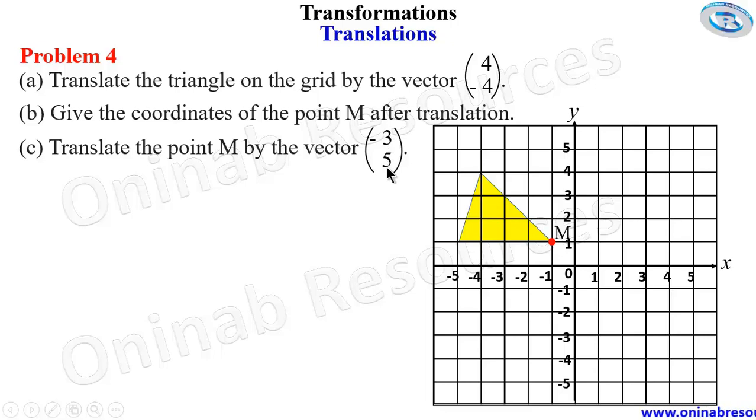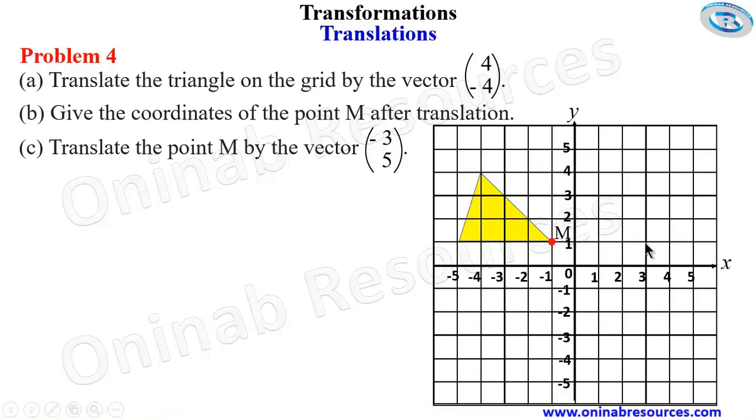So if you can see this now, a point can also be translated. That is why we are trying to bring it into view in this problem 4. So now we go ahead. It is clear now we are starting from the point M for our translation. So we count 1, 2, 3, 4.